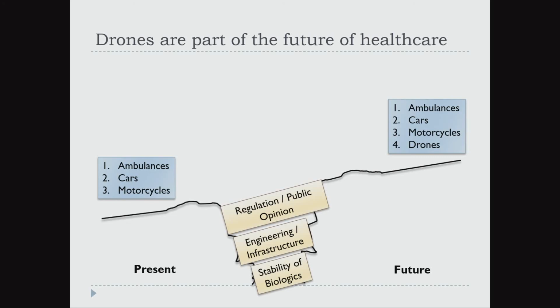The engineering and infrastructure is not where it needs to be, but it's moving there. The field is moving quickly, but still not where it needs to be. You can't go out today and purchase a drone transport service for your hospital without also hiring an engineer. And the regulation and public opinion are still not where it needs to be, but that's also moving forward.